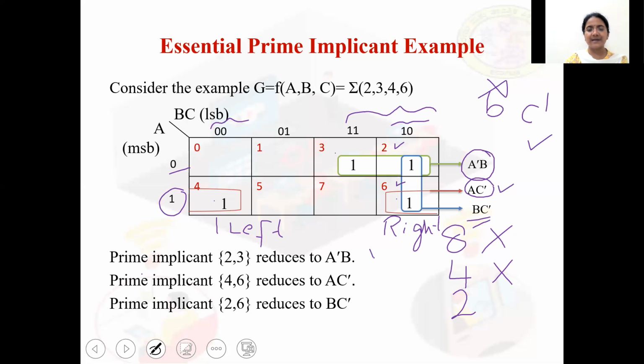We consider A bar B, where 3 is unique, and we consider this B C bar. We consider 4, 6, that is A C bar, where minterm 4 is unique. In this way we find the essential prime implicants of a function.